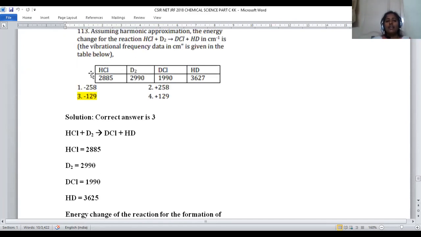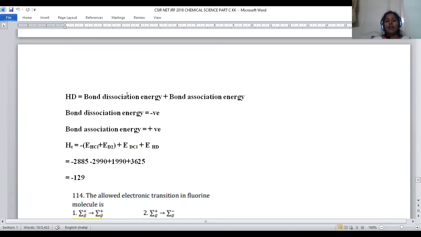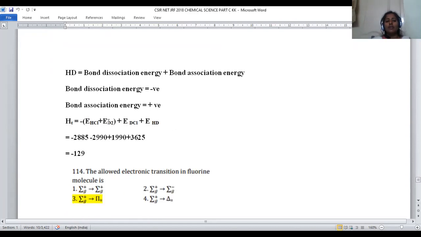What kind of bonds? HCl and deuterium bonds got dissociated. DCl and HD bonds got associated. So when we add all these values, the HD formation energy will be given. The fundamental thing here is that whenever a bond is dissociated, a negative kind of energy will be generated.